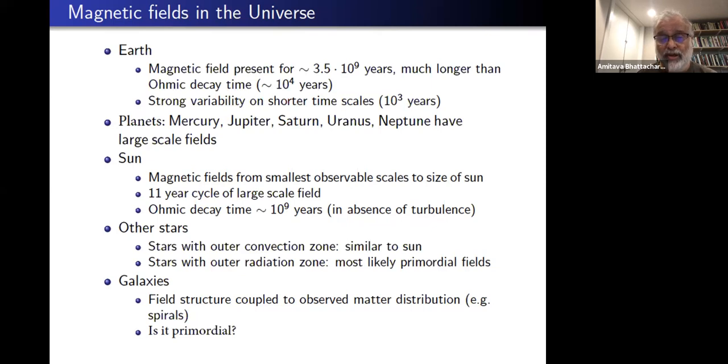There's also strong variability on 1,000 years in the Earth's magnetic field, of changing polarity and so on and so forth. So we are really talking about two different timescales here. One, of the presence of the magnetic field for as long as it has been around, and then of course, over a shorter time period, changes in it.